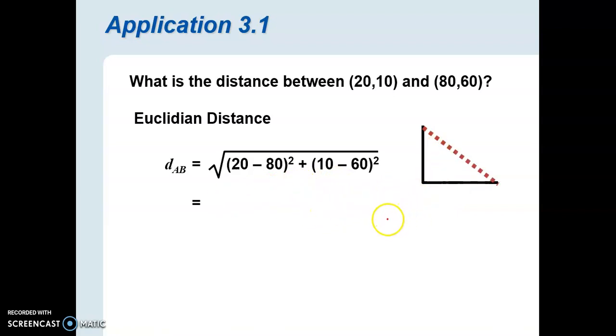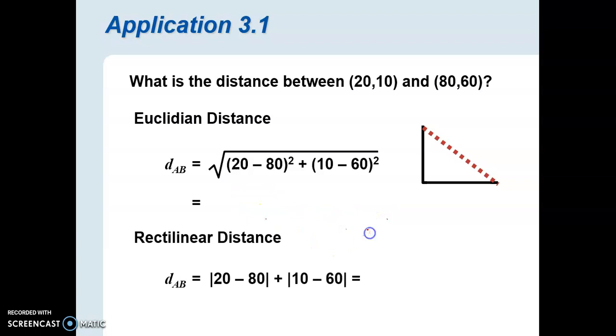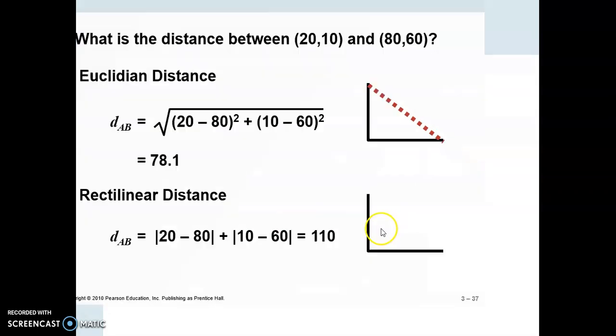For the straight line, the Euclidean distance will be 78.1, and with the 90-degree turn we will have a distance of 110, because we are again including the turning point. The turning point distance is also being considered, so that's why it is greater than the Euclidean distance.